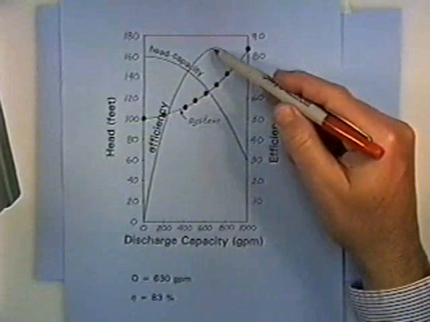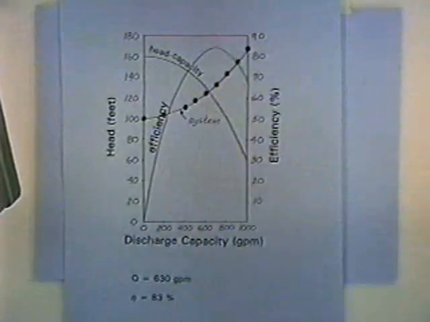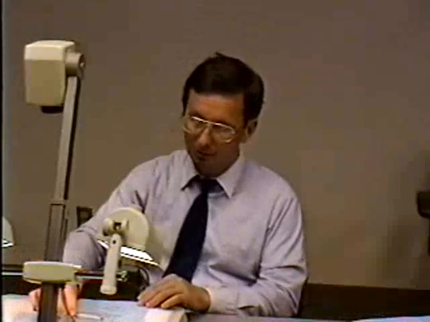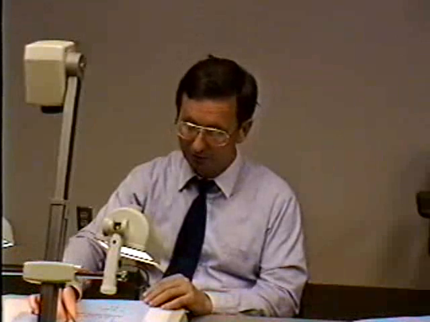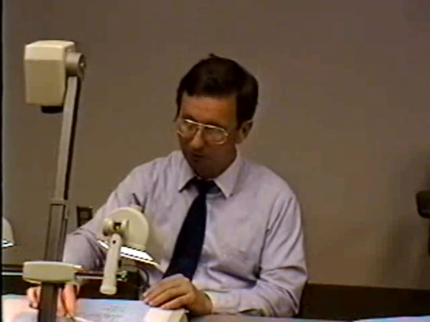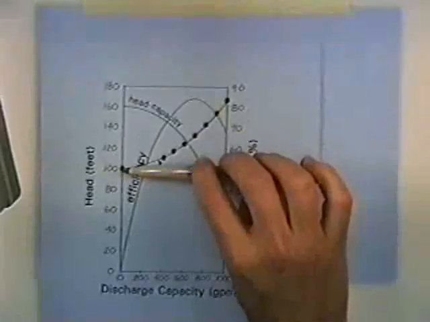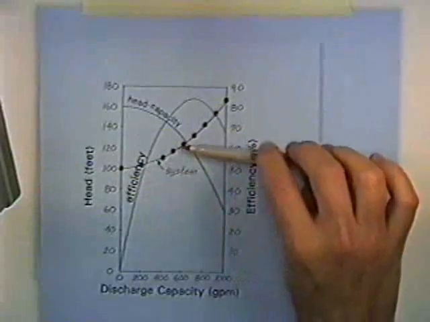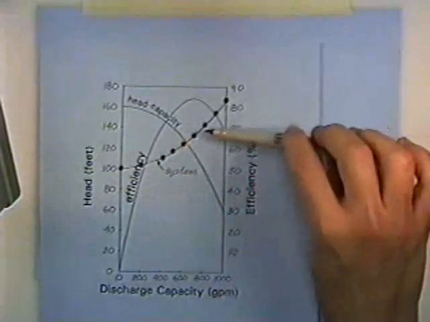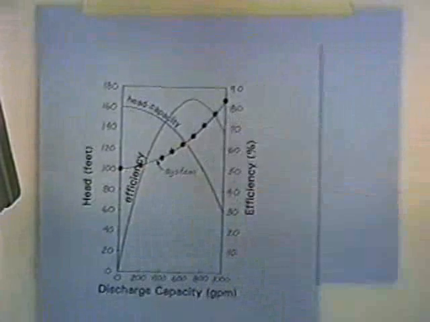That's somewhat coincidental, of 83%. And so the answer is 630 gallons per minute is flowing through the system. And the head's going to be the 100 feet is just the delta Z, that's with no flow at all. And then once you start getting flow, the more flow you got, the more head loss you got. So the total of the delta Z plus the head loss goes up.